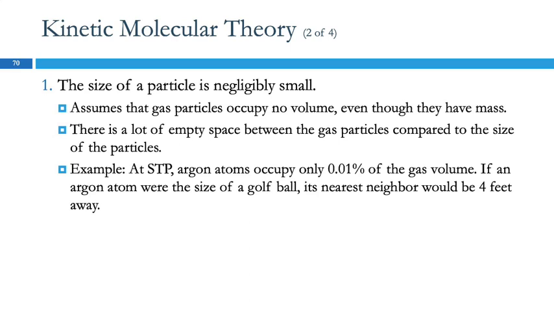Because there's so much empty space. In a sample of argon, if the argon atoms were the size of a golf ball, the closest atom would be 4 feet away. So that's quite a big distance for a little golf ball, right? Mostly empty space. So if the golf ball was a little bigger or a little smaller, would it really matter?